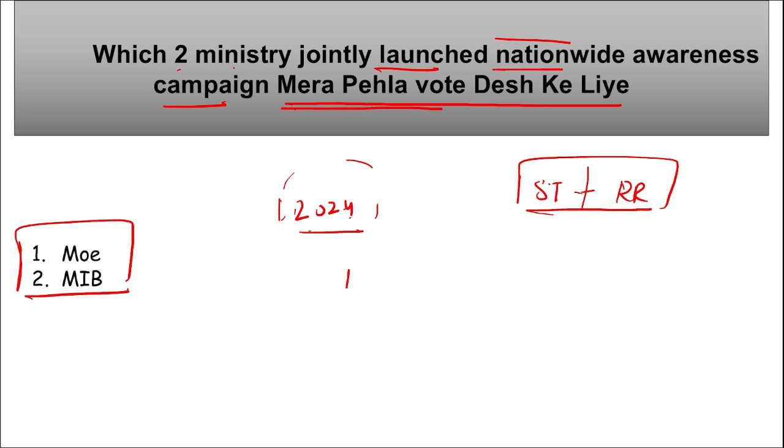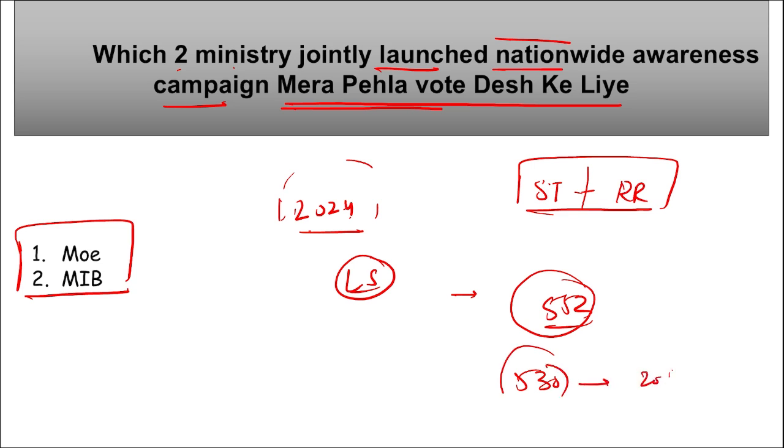Then if we talk about the Lok Sabha election, Lok Sabha is known as the lower house of Parliament. By constitution, there are 552 total seats, of which 530 represent states, 20 represent UTs, and 2 represent the Anglo-Indian community. And the term of the Lok Sabha is 5 years.